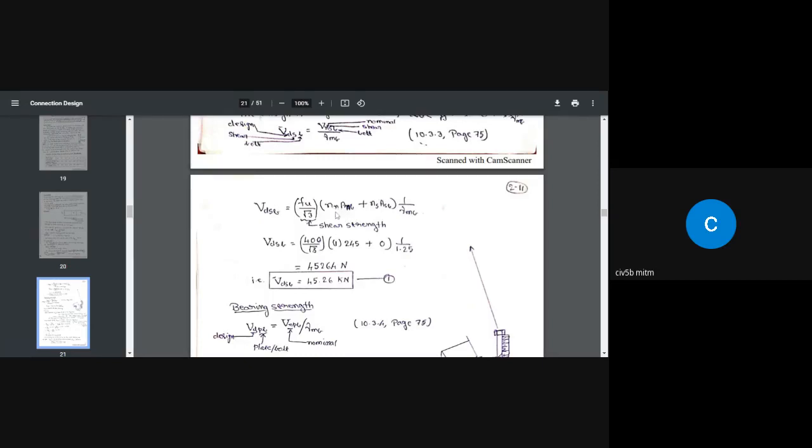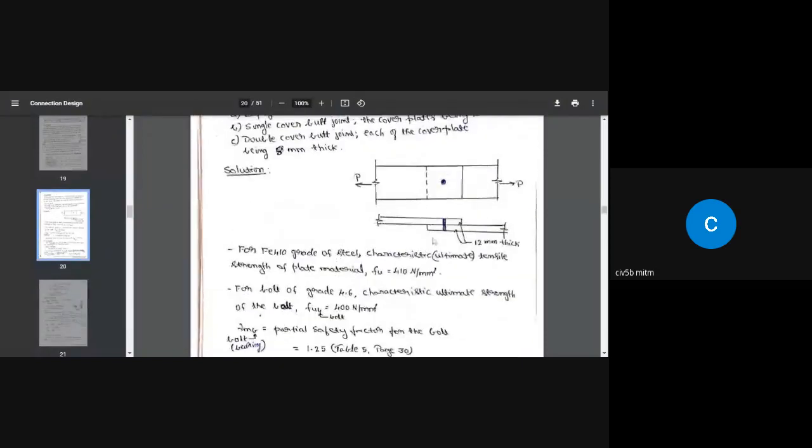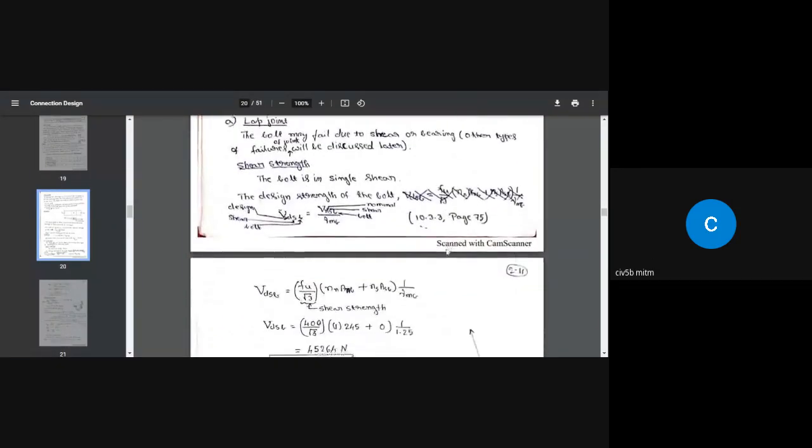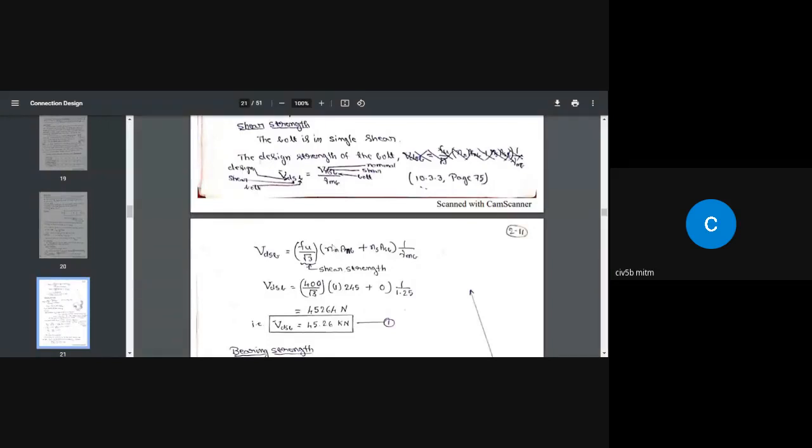Coming to nn and Anb. So what is nn? nn equal to 1 because there is only one shear plane. That means the bolt is in single shear. Okay, when the bolt is in single shear, nn equal to 1. So Anb is the net area of the bolt.